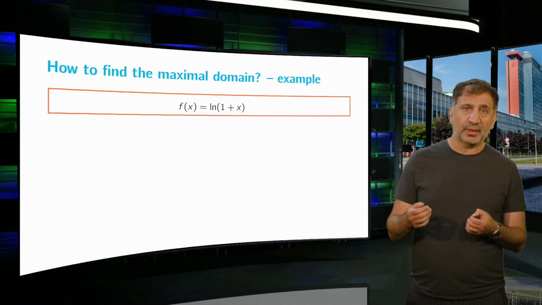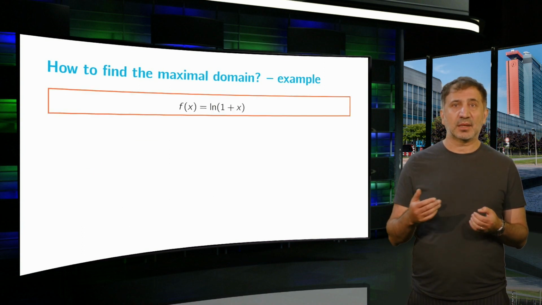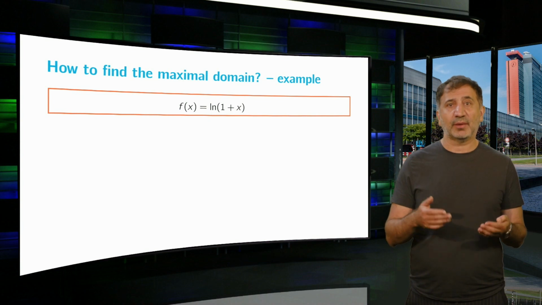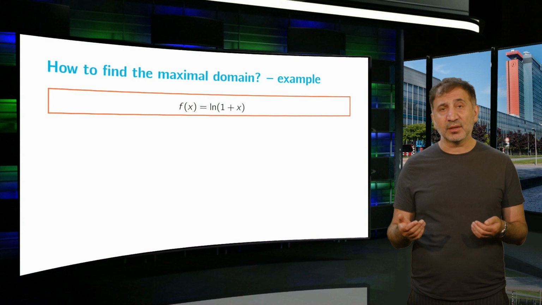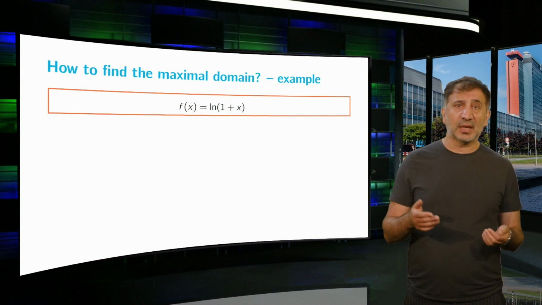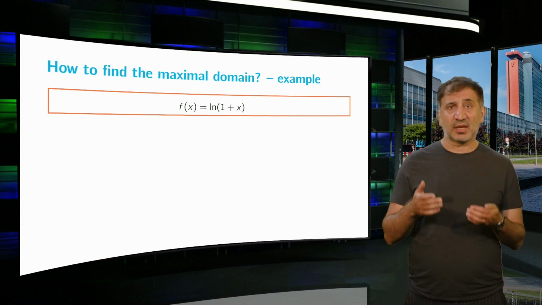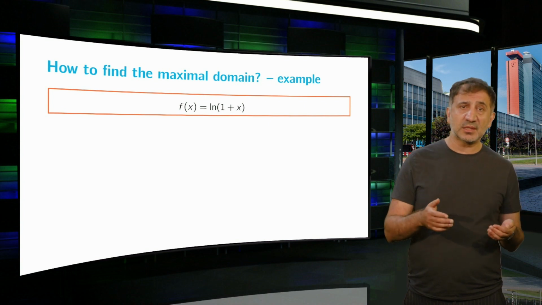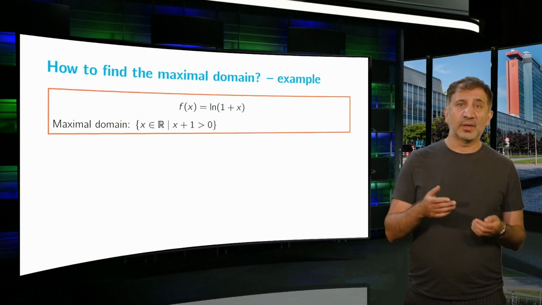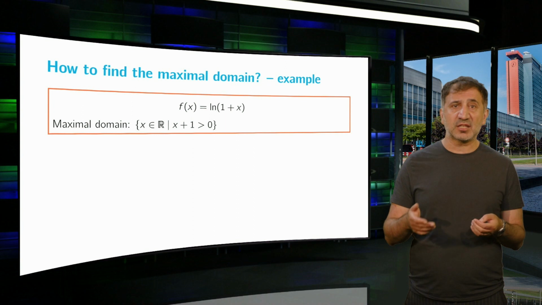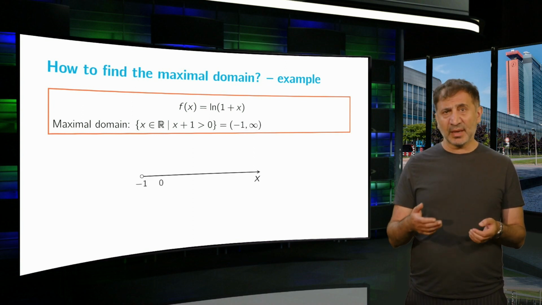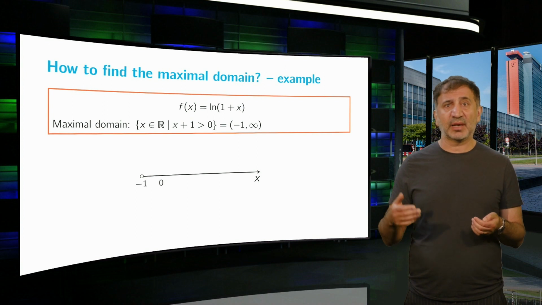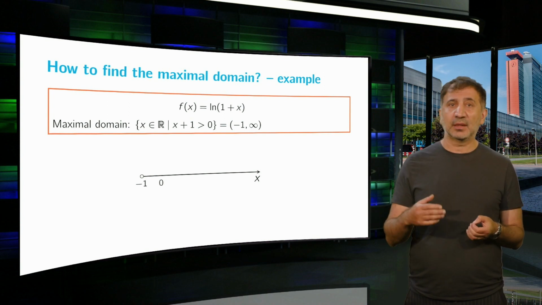What is the maximal domain of the function f of x is equal to the natural logarithm of x plus 1? The logarithm function is only defined for positive arguments. Therefore, the function f has as maximal domain the set of real numbers x that satisfy x plus 1 is larger than 0. The maximal domain is therefore given by the open interval -1 till plus infinity.